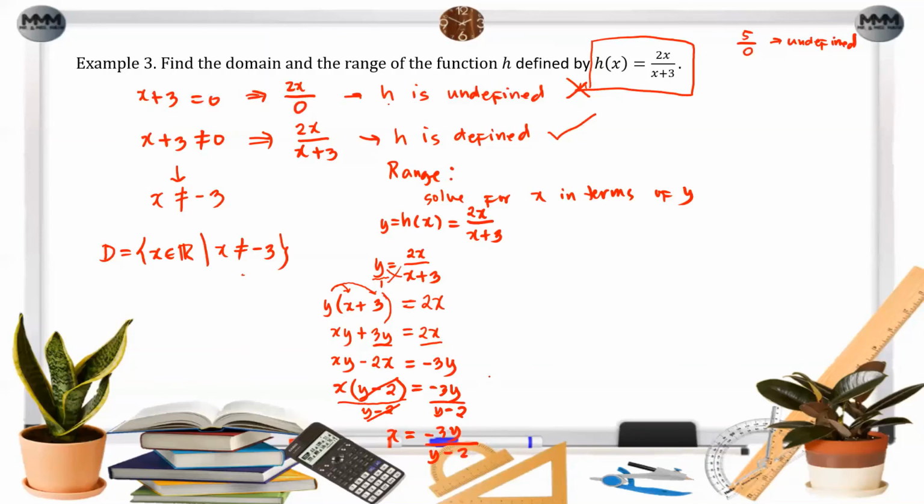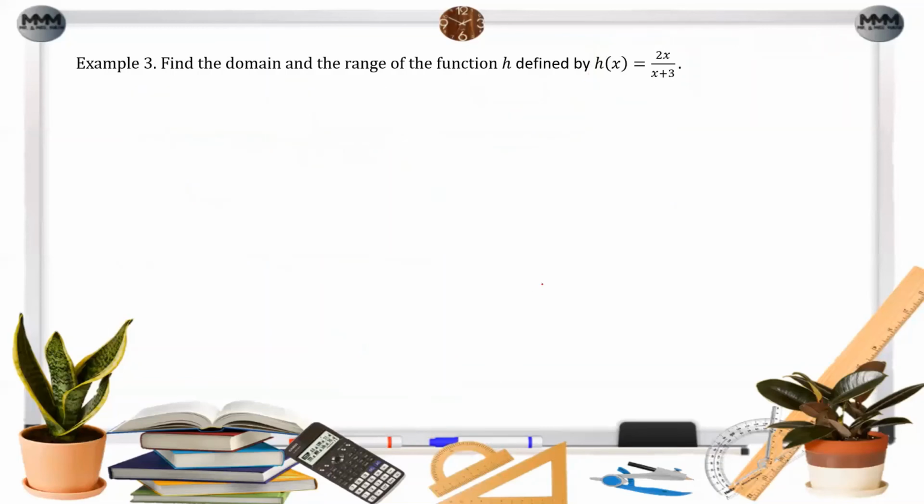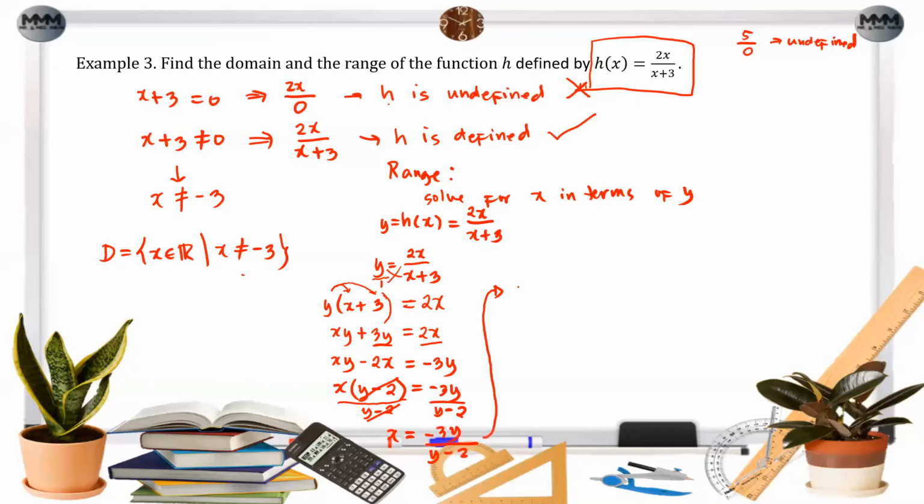I will write it here to make it clear. So we have x equal to negative 3y over y minus 2. So we have solved the value of x in terms of y.